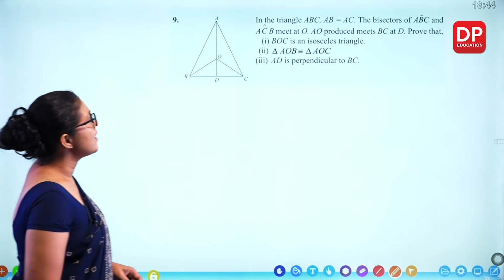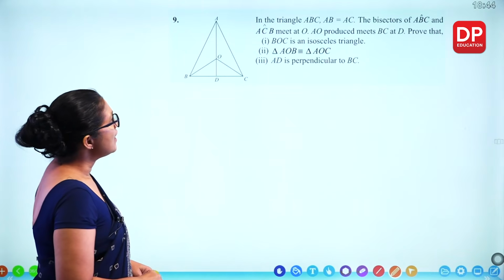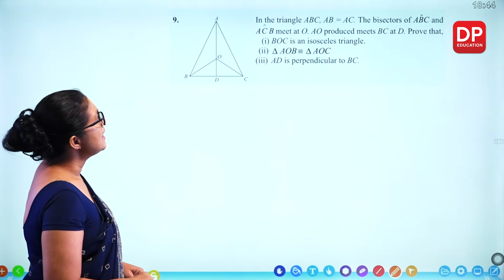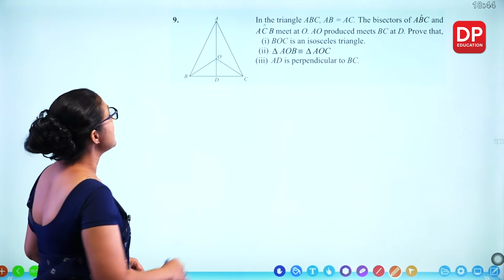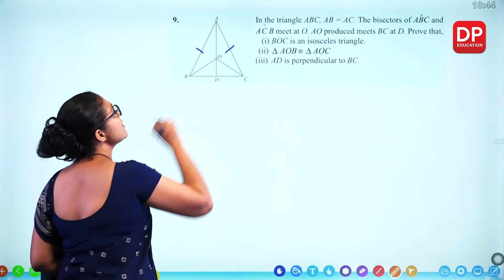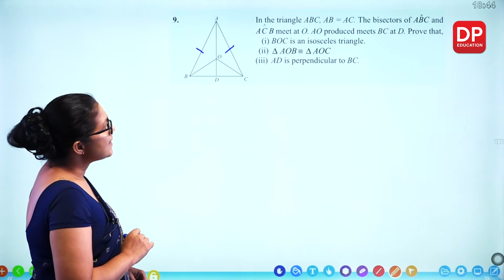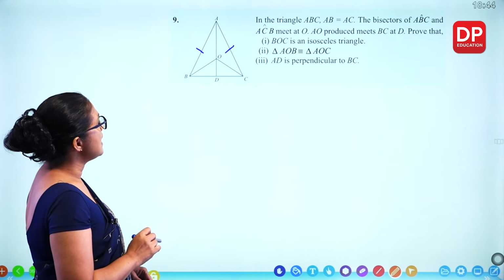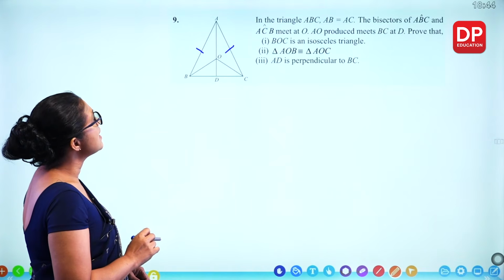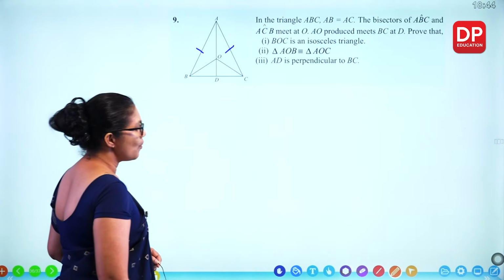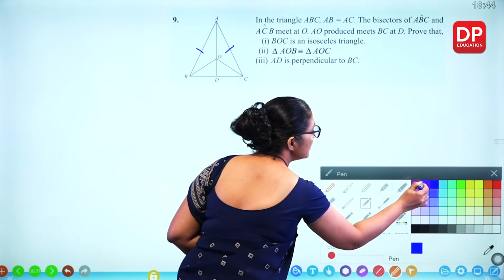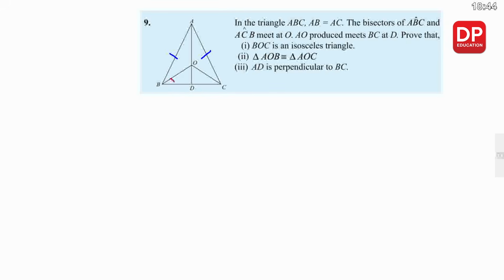Now we'll take the ninth question. In the triangle ABC, it says AB equals AC. So we'll mark this. The bisectors of angles ABC and ACB meet at O. So that means this angle is equal to this angle.